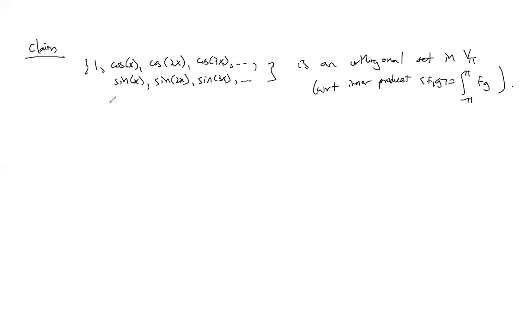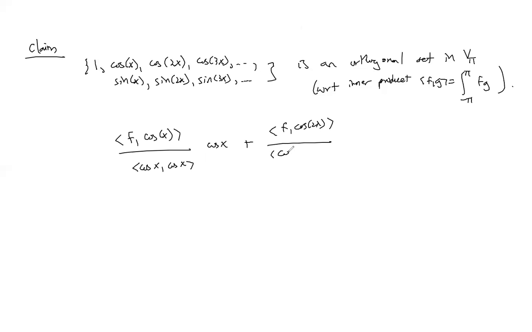So we'll do f dot cosine of x over cosine of x dot cosine of x, times cosine of x, plus f dot cosine 2x over cosine 2x dot cosine 2x, times cosine 2x.